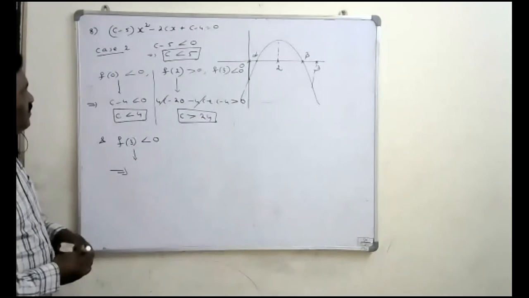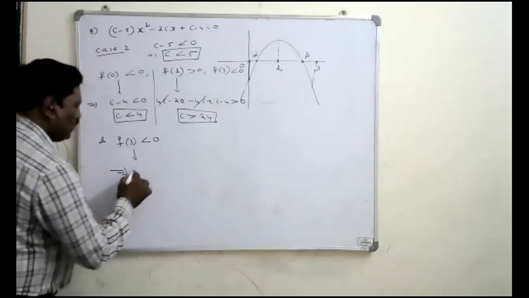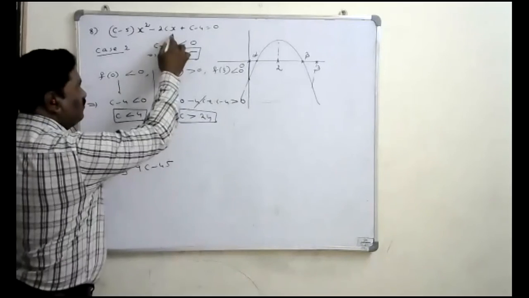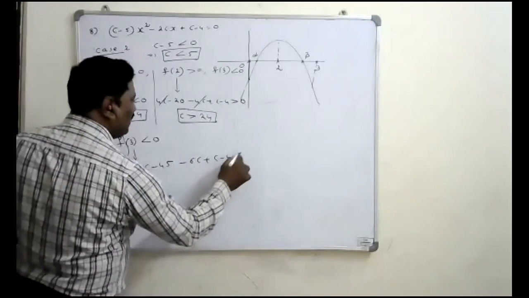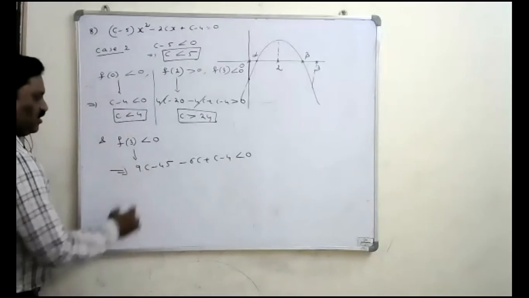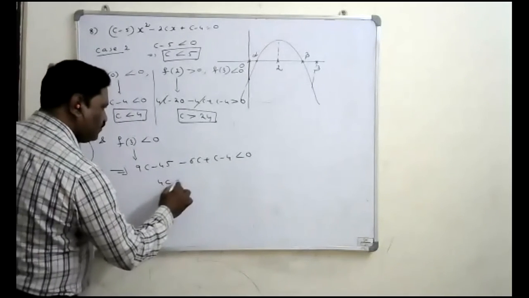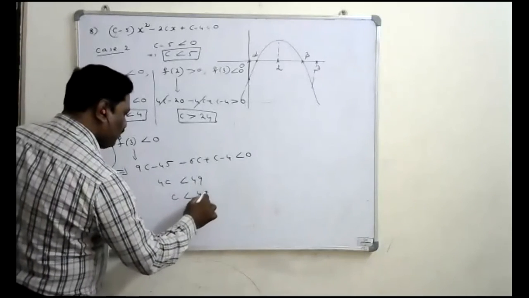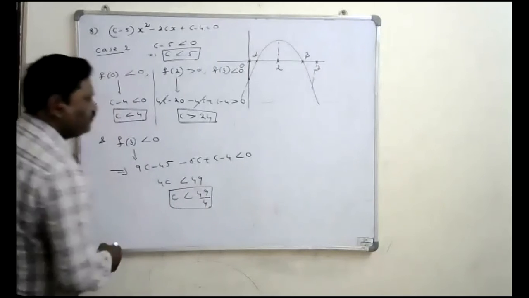Putting x equal to 3, 3 square means 9, so 9c minus 45. Then minus 6c plus c minus 4 is less than 0. So 9c minus 6c is 3c, plus c means 4c is less than 49. C is less than 49 by 4. This is the fourth interval.